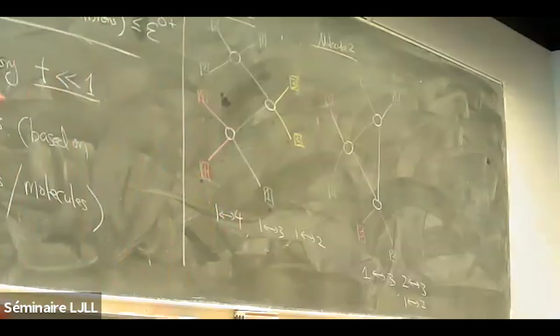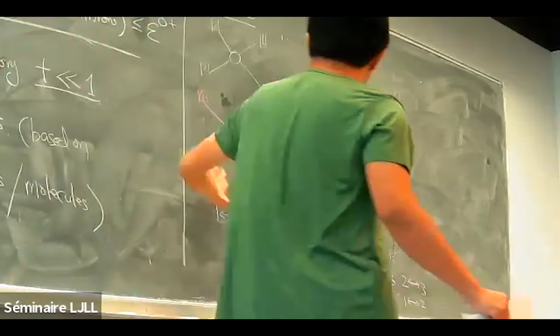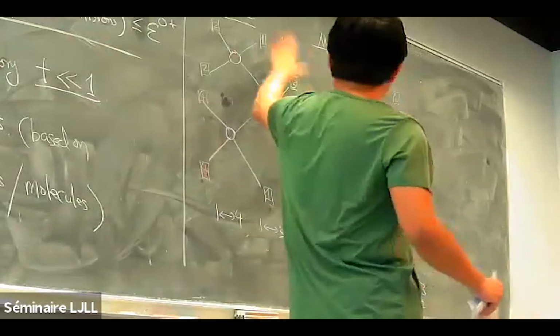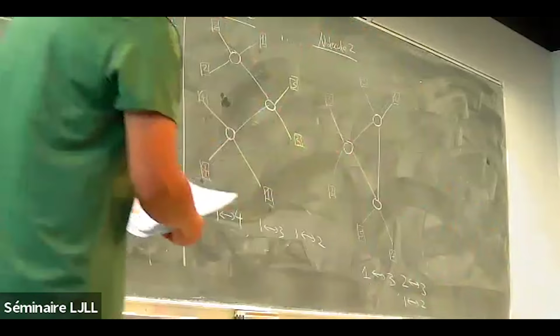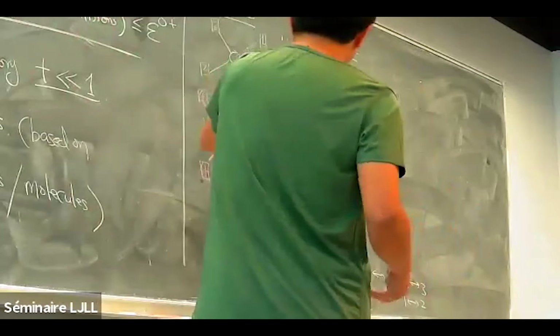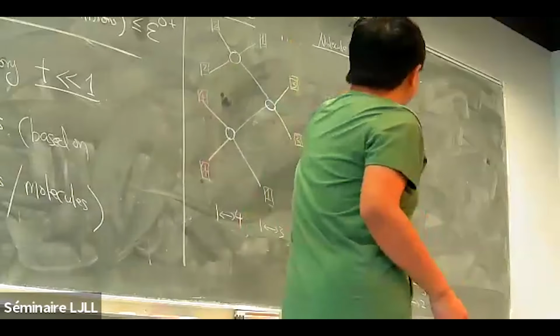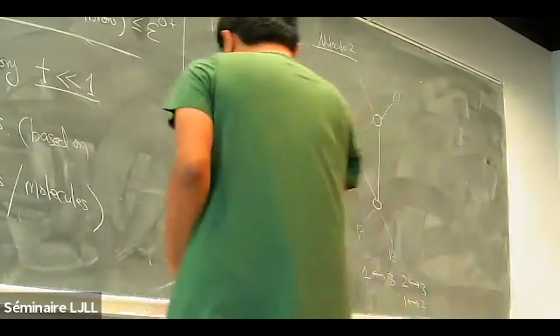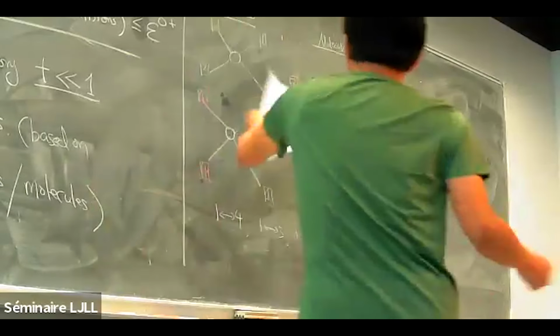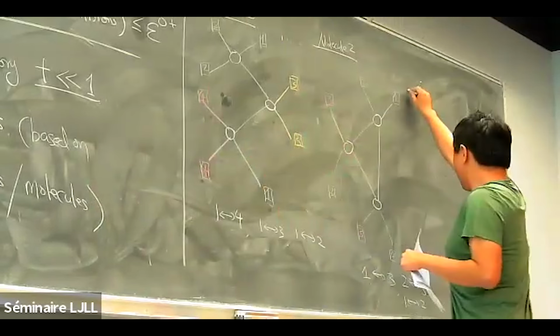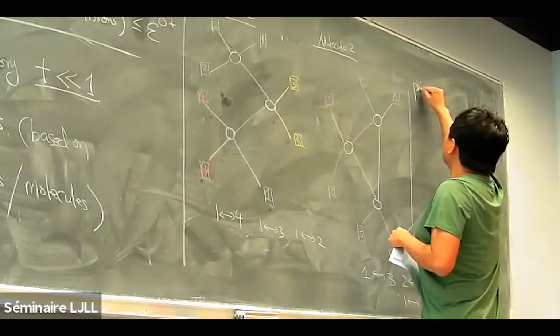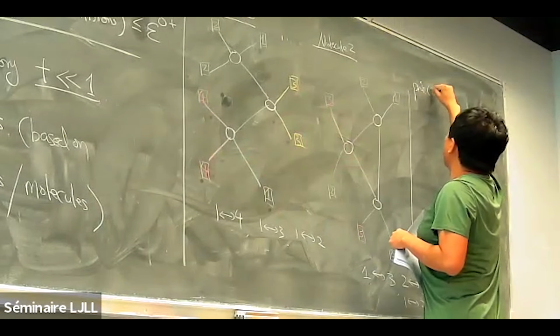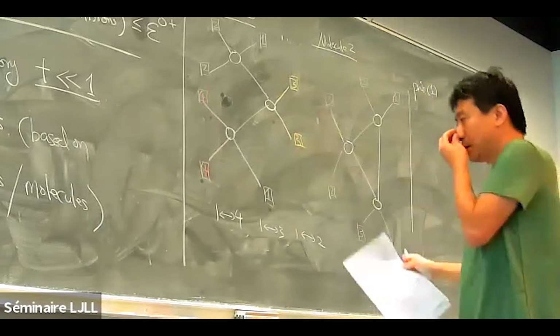Since we're calculating the probability, let's calculate what happens with the probability of these two pictures, and we'll see why this one does not vanish in the limit, it goes to a constant, while this one goes to 0 in the limit. So the probability of the molecule 1.